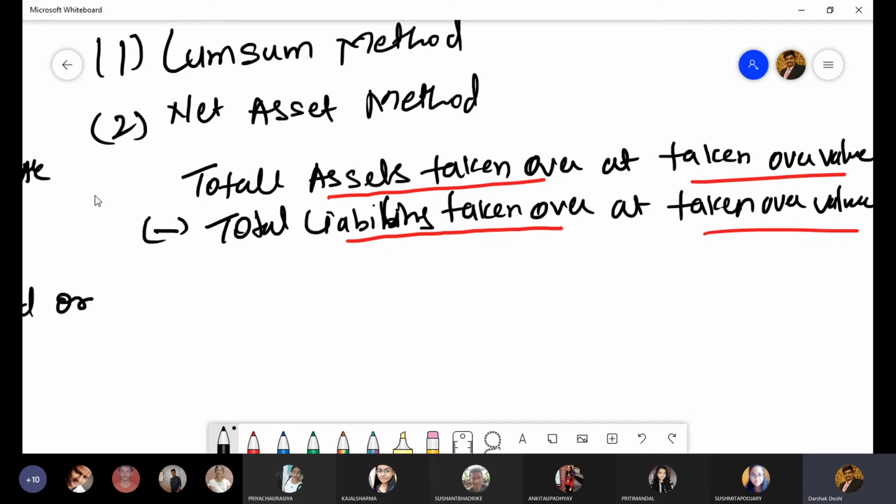So all the assets which are taken over either at agreed value or taken over value. Agreed value is a different word. So assets taken over at taken over value or agreed value less liabilities taken over at taken over value is nothing but purchase consideration as per net asset method.